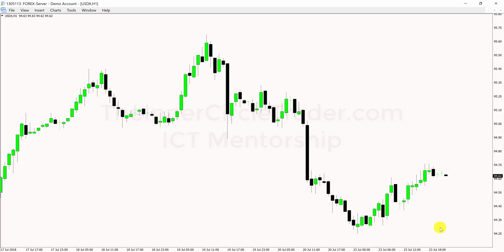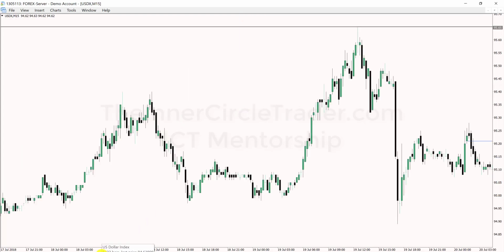If we look at the examples on price, even on smaller time frames, like if we look at a 15-minute time frame here, we can see that original consolidation on the dollar index, the equal highs, they run right up into that 95.65 level. And then distribution comes in after the market structure break, trades right back up into what? A logical premium array, which is this up close candle.